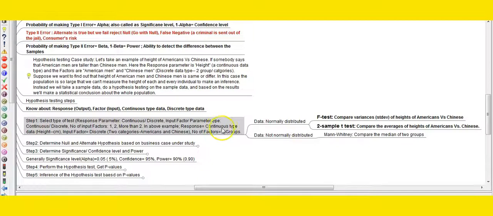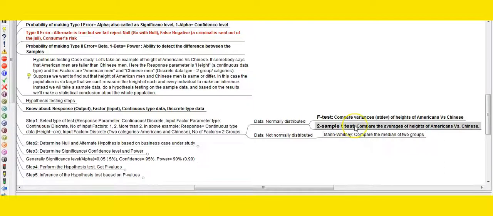So based on the Y measure, whether it is continuous, and on continuous whether it is normally distributed or not. If suppose it is not distributed normally, then there is a type of test available which is called the Mann and Whitney test, and this compares the median of the two groups.